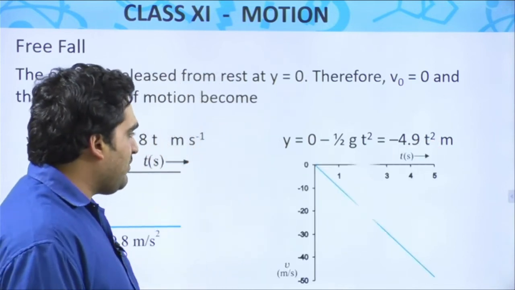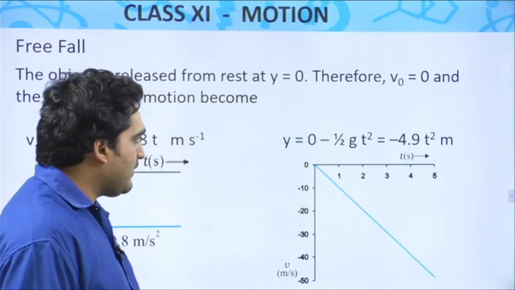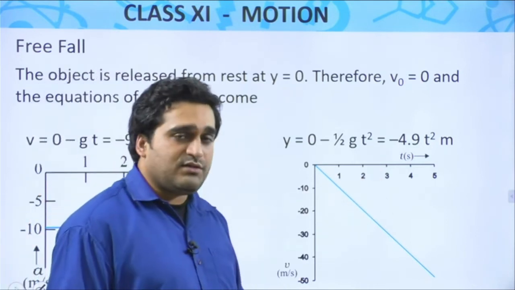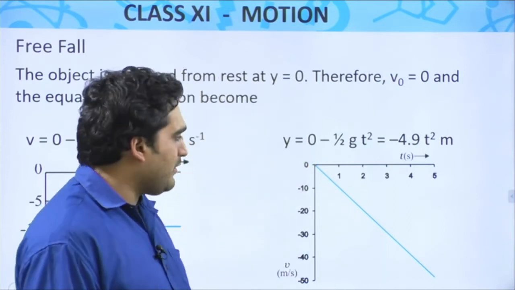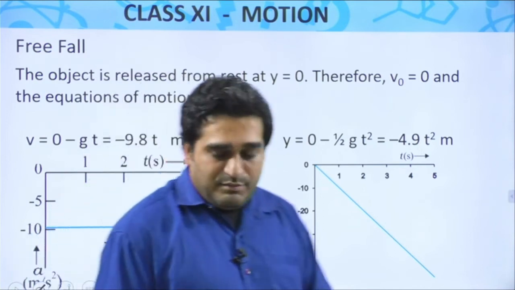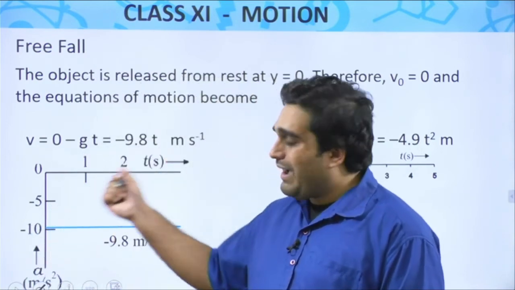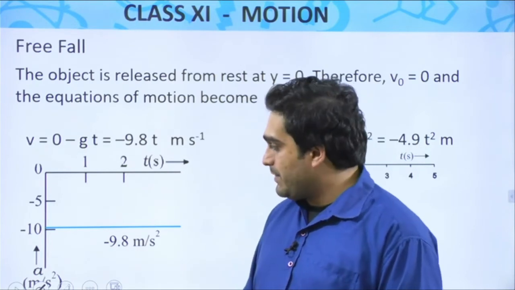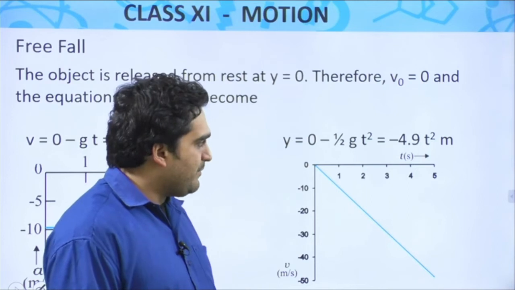And then we plot a graph of velocity versus time. When you plot velocity versus time, you get a linear curve, but here you see a horizontal line which is parallel to the time axis. A constant value.